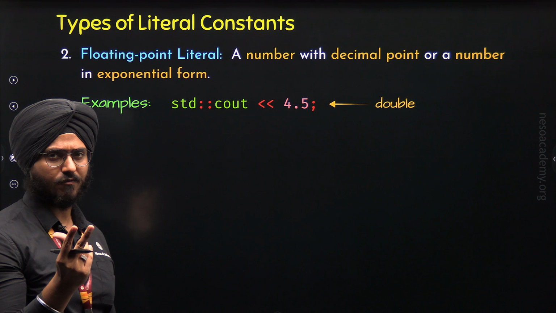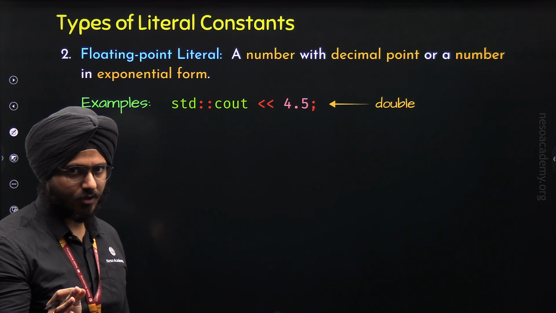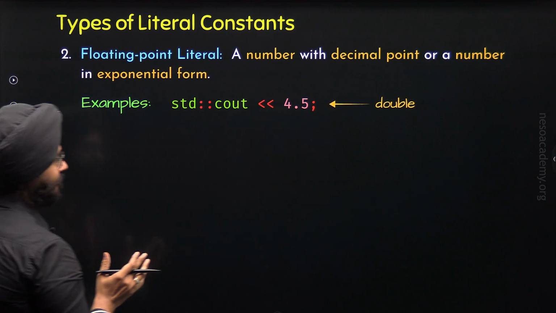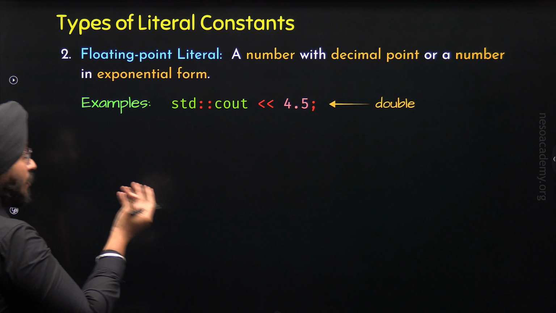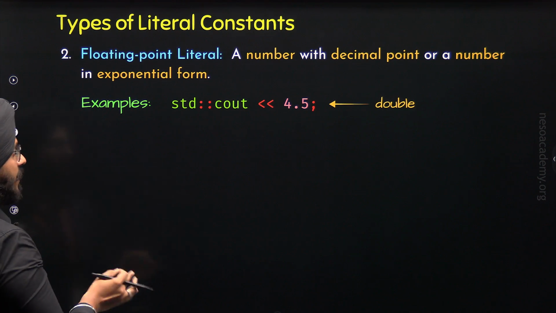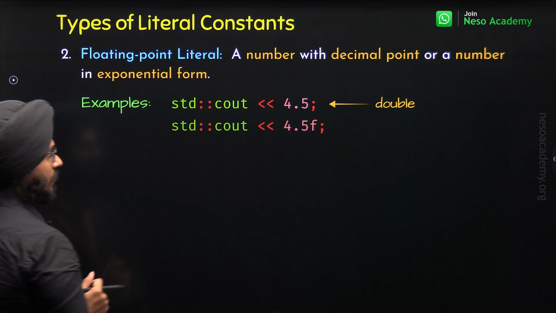We have two types of literals, double and float. By default, all floating point literals are double literals. But what if we want float literals? If we want float literals, then we need to specify the suffix f. This means we need to write something like this.